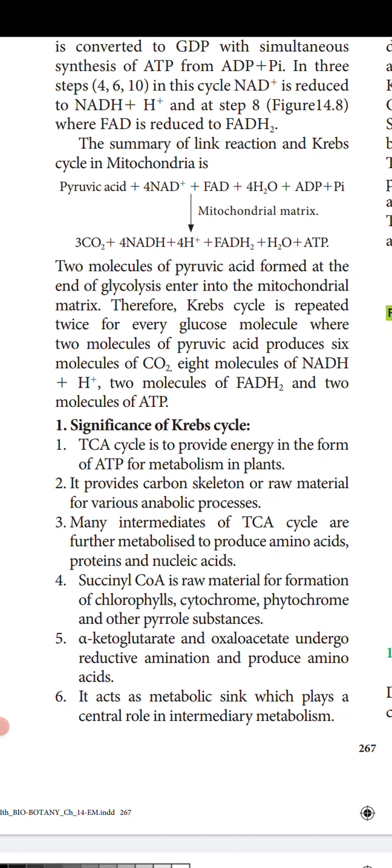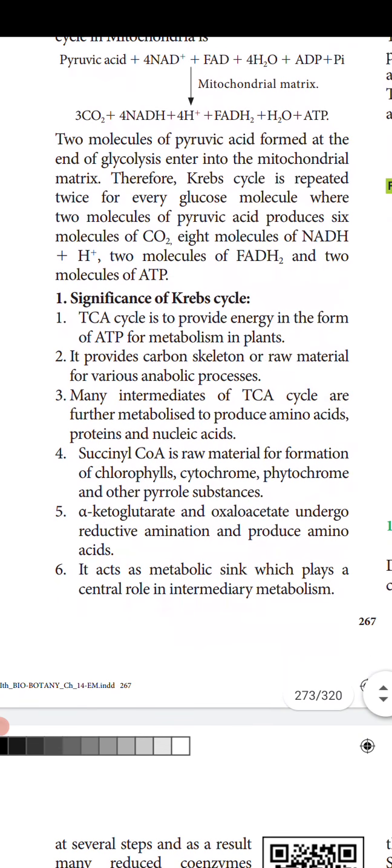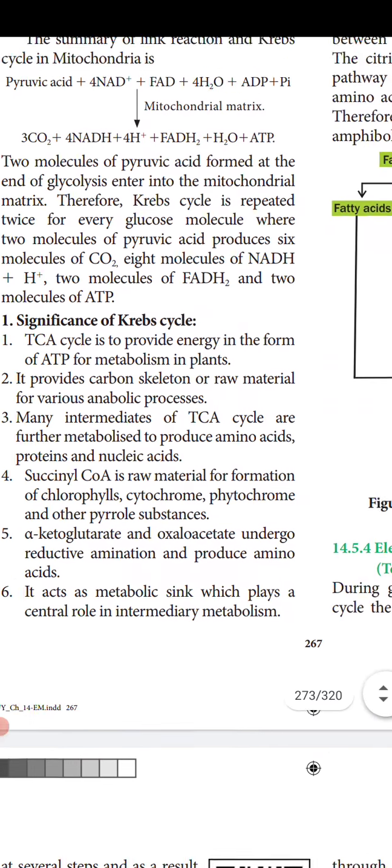Succinyl coenzyme A is raw material for formation of chlorophyll, cytochrome, phytochrome, and other pyrrole substances. Alpha ketoglutarate and oxaloacetate undergo reductive amination and produce amino acids. It acts as a metabolic sink which plays a central role in intermediary metabolism.